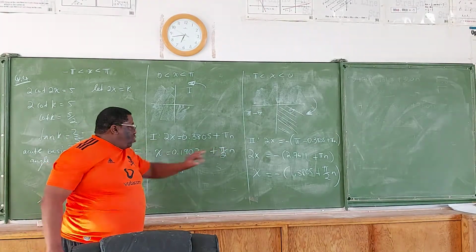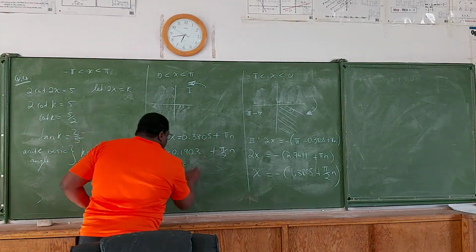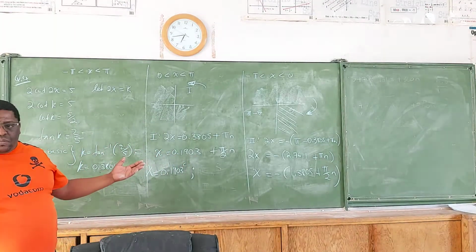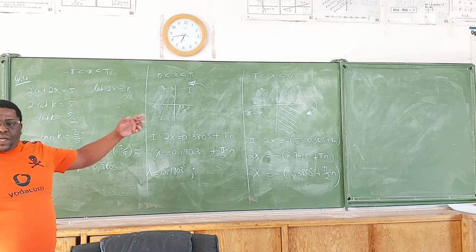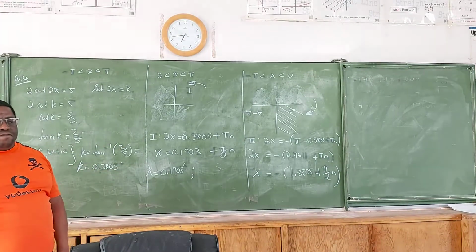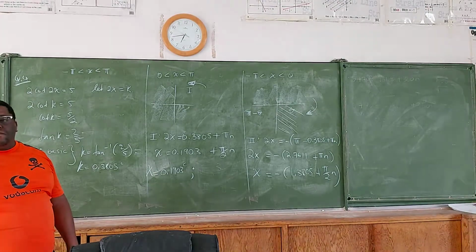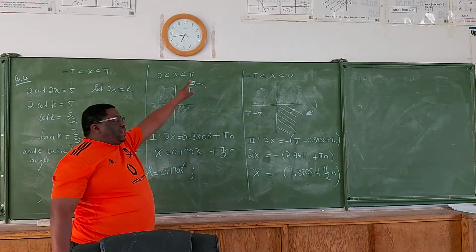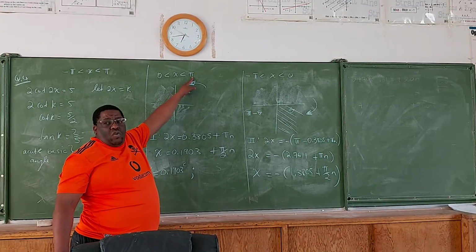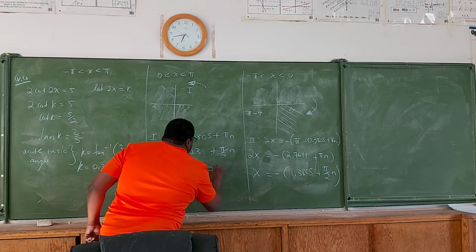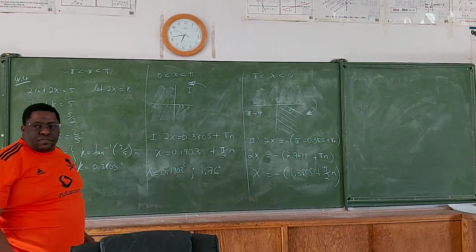So take 0.1903 plus pi upon 2. That gives 1.76. Now 1.76 is within the range, because pi is 3.14.